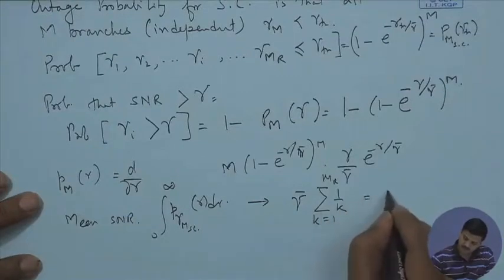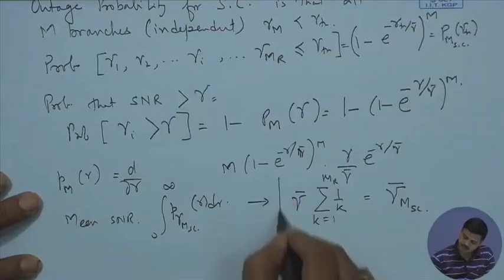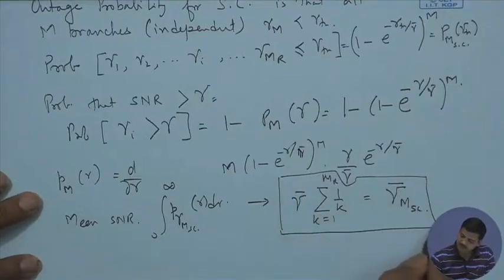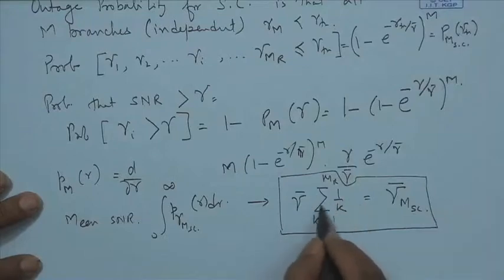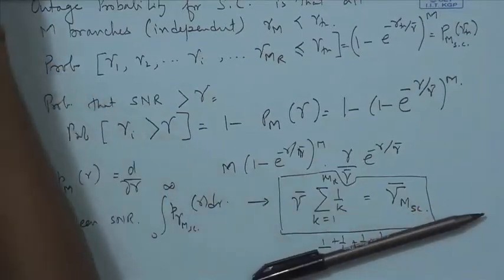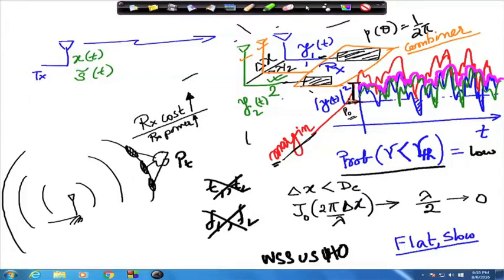So, this is the expression for gamma bar M selection combining. What we get to see is that there is some increase in the average SNR, as if the SNR is added by 1 plus 1 by 2 plus 1 by 3 plus 1 by 4 and so on. The gain decreases as there are more and more antennas, and now this can be understood quite easily.